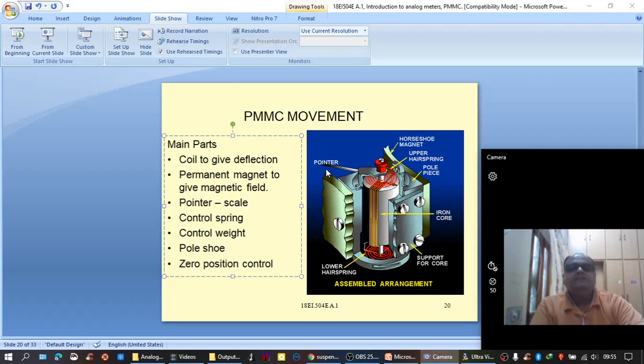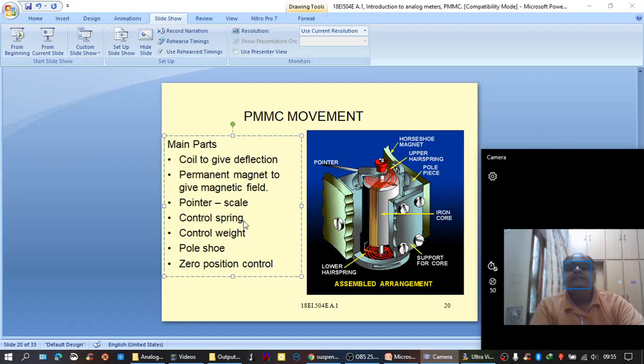Instead, it makes the pointer move slowly from 0 position to the specific position indicating the exact amount of current on the calibrated scale. So by using these control springs, we are preventing the abrupt movement of the pointer over the calibrated scale, thereby avoiding the disturbance to the mounting assembly of the movable coil.